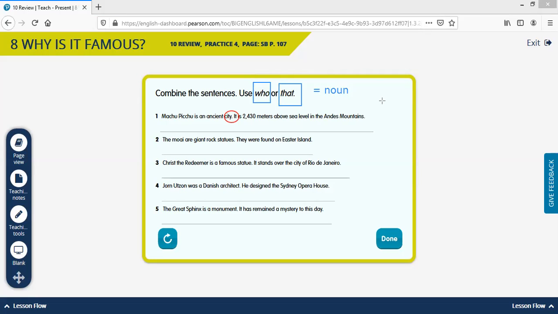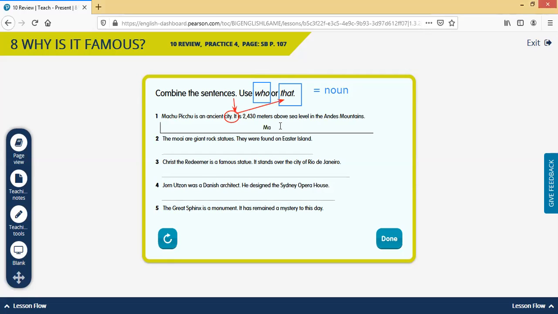These two words are representing the same object. So what we're going to do is take the second object, it, and we're going to replace it with one of these pronouns. It can be that or who. Now, it is a thing. It's not a person. So we're going to use that.